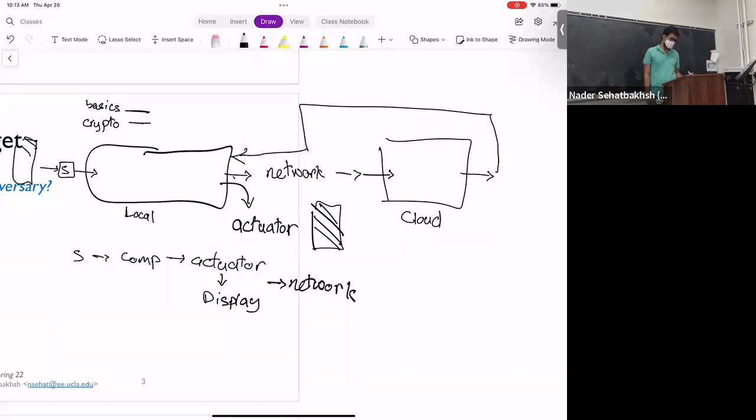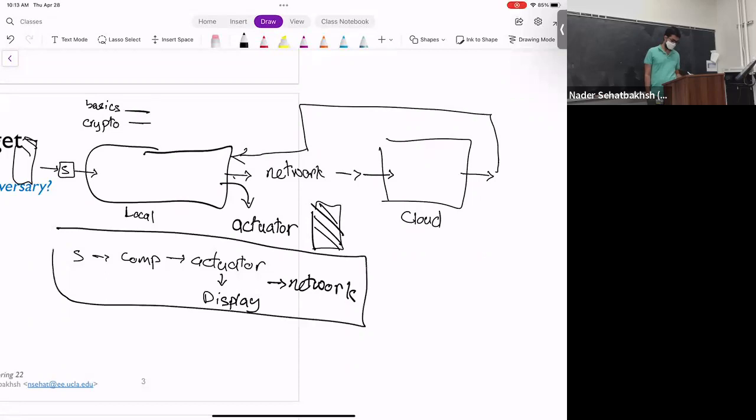So this would be the story of your laptop. But there is no difference between your laptop and any other device. Generally, all of them have the same issue.